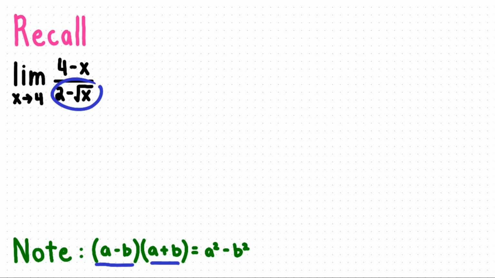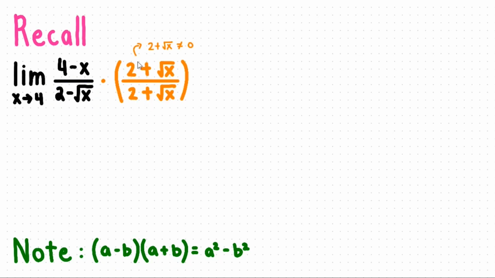So we have here times 2 plus square root of x over 2 plus square root of x. Again, we can do this since a number divided by itself is equal to 1. And take note that at values near 4, near x equals 4, 2 plus square root of x is clearly not equal to 0. So we can really do this one.